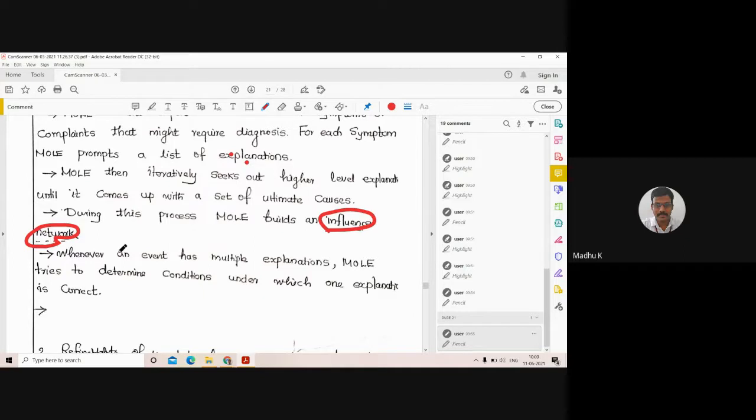Whenever an event has multiple explanations, in such a situation, MOLE will try to find the best one among them using some method. So this is an introduction to MOLE.